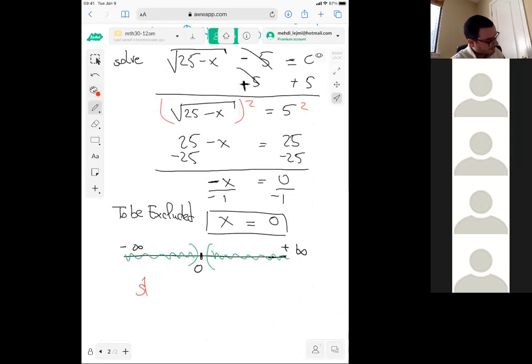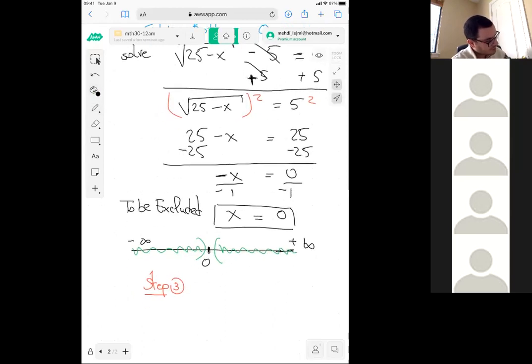Then in step 3, you take the domain of G. The domain of G, we said, is negative infinity to 25, and 25 is included.